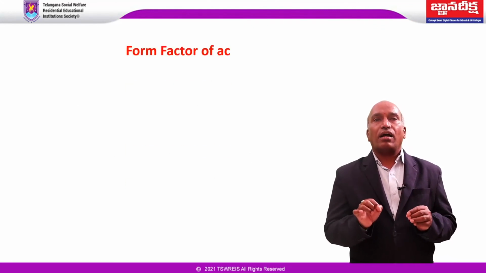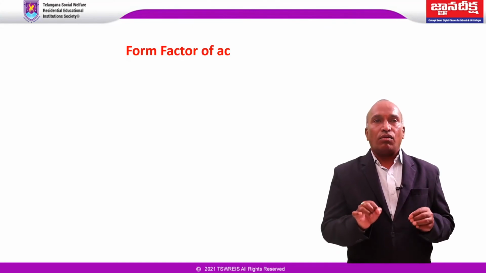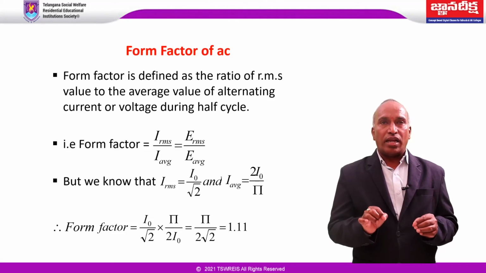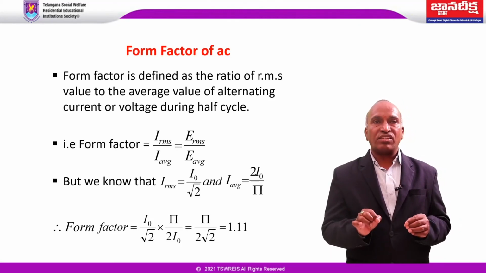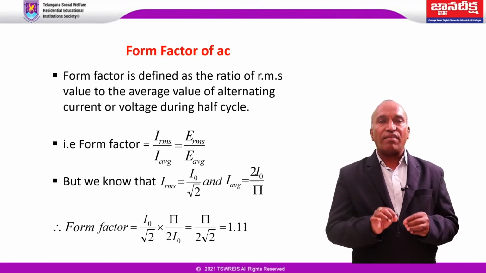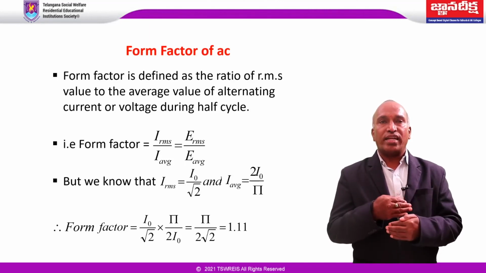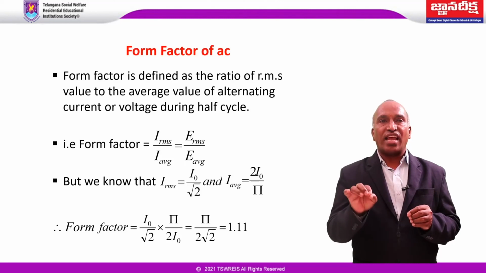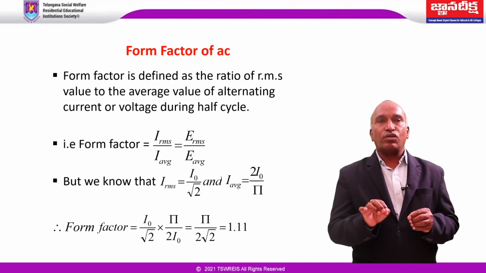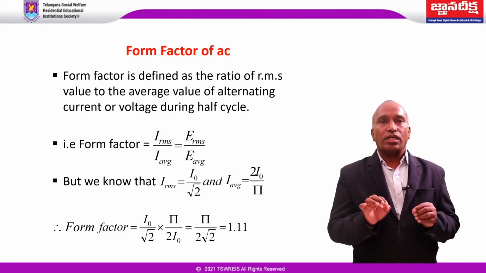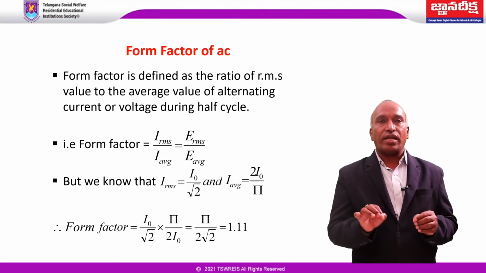Form factor of AC. Form factor is defined as the ratio of RMS value to the average value of alternating current or voltage during half cycle. That is, form factor is equal to I RMS by I average is equal to E RMS by E average.